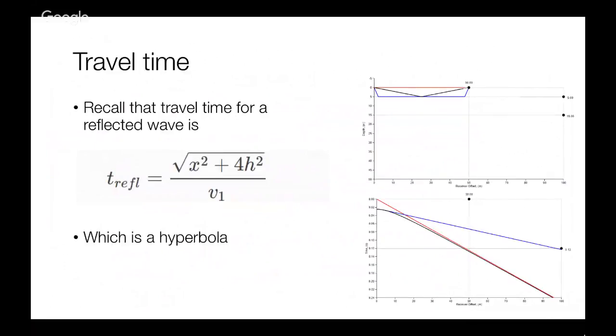So with these reflections, we also need to think about the fact that the reflected arrivals on our time versus offset plots show up as a hyperbola instead of just a linear arrival. And so then the travel time of that reflection is given by this equation here.